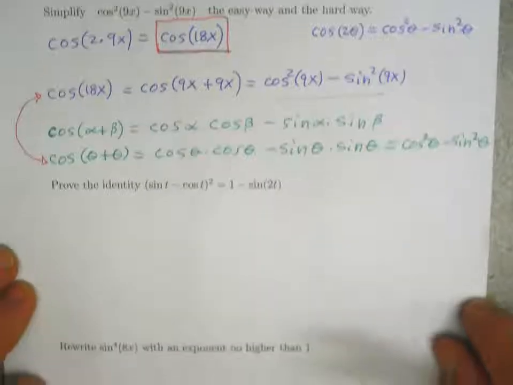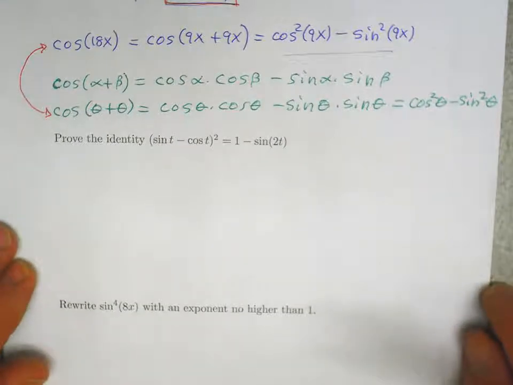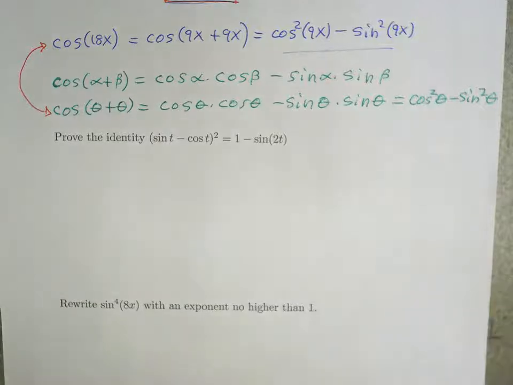Okay, the next example, prove the identity. Sine of t minus cosine of t quantity squared equals 1 minus sine of 2t.